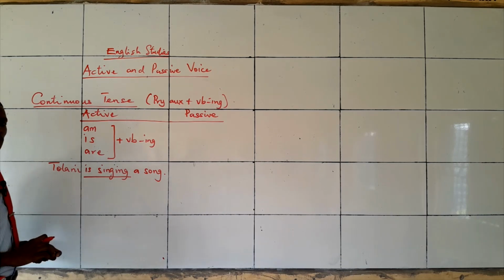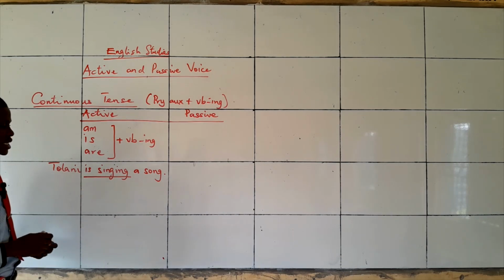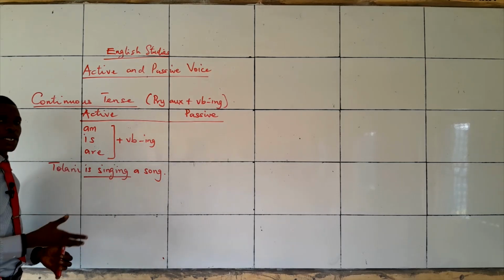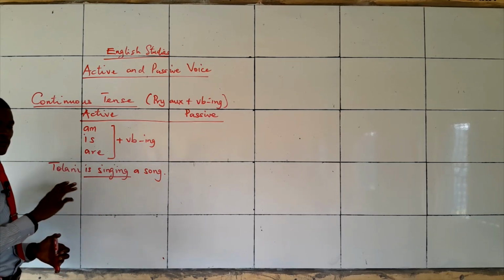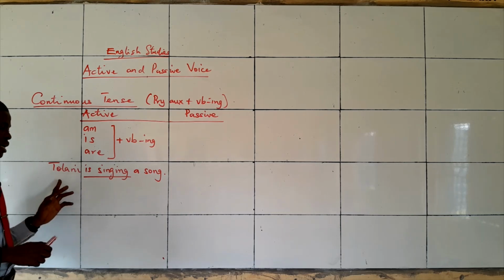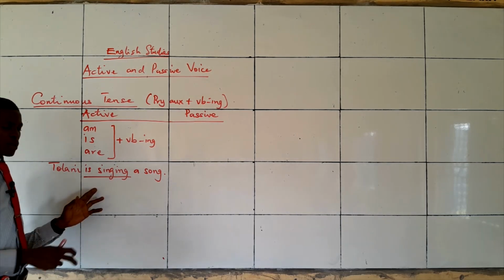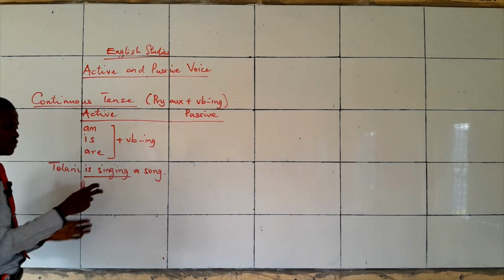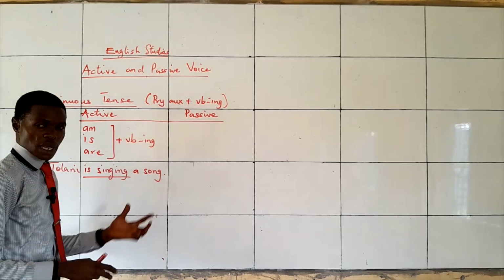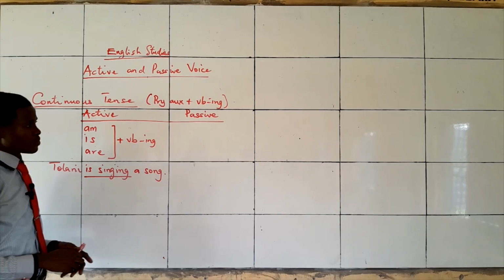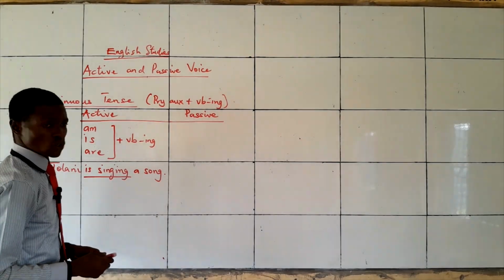This verb is used actively, telling us that it is Tolani that performs the action, not that something happens to Tolani. Therefore, Tolani is our AS, active subject, while is singing happens to be our AV, active verb, and a song happens to be our active object. How do we convert this to passive?